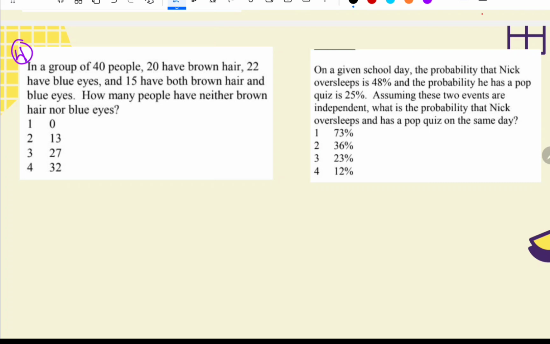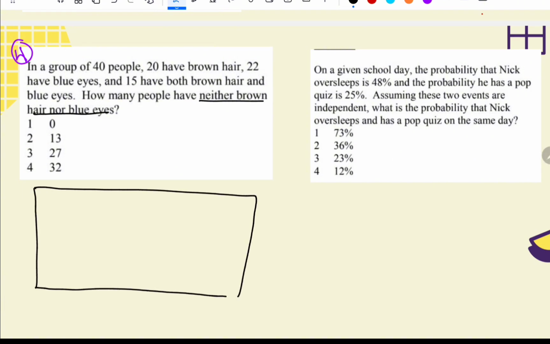4th question says, in a group of 40 people, 20 have brown hair, 22 have blue eyes, and 15 have both brown hair and blue eyes. How many people have neither brown hair nor blue eyes? So this is like our Venn diagram question. So I'm going to draw what our Venn diagram should look like. Again, it's not going to be perfect.